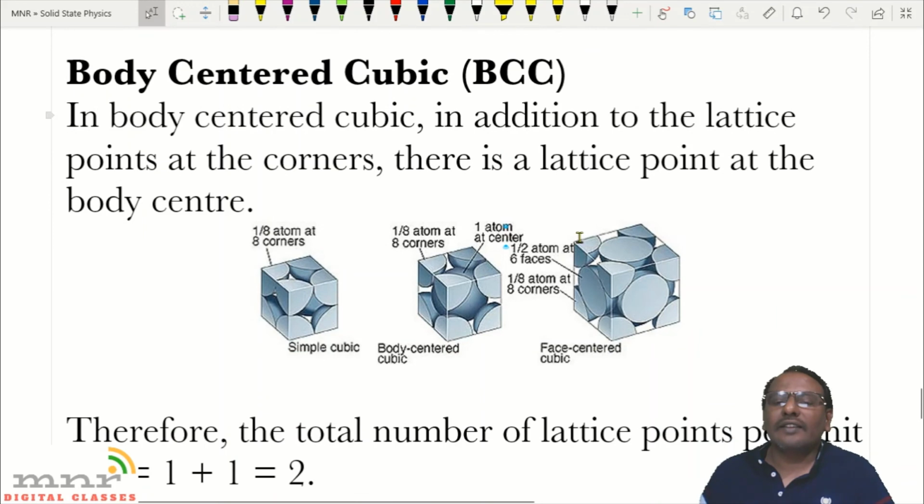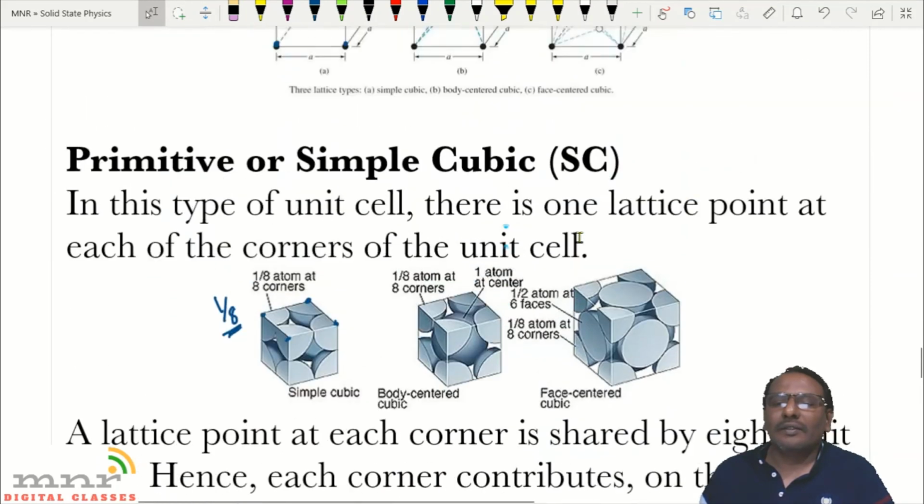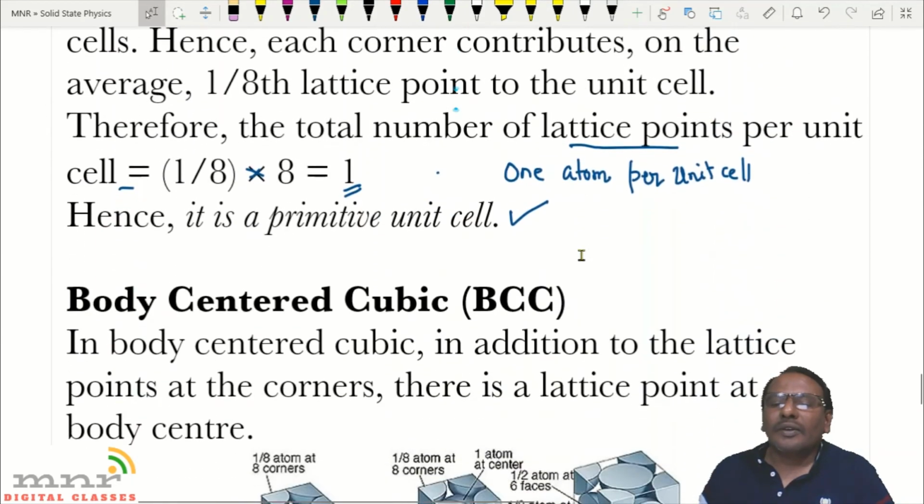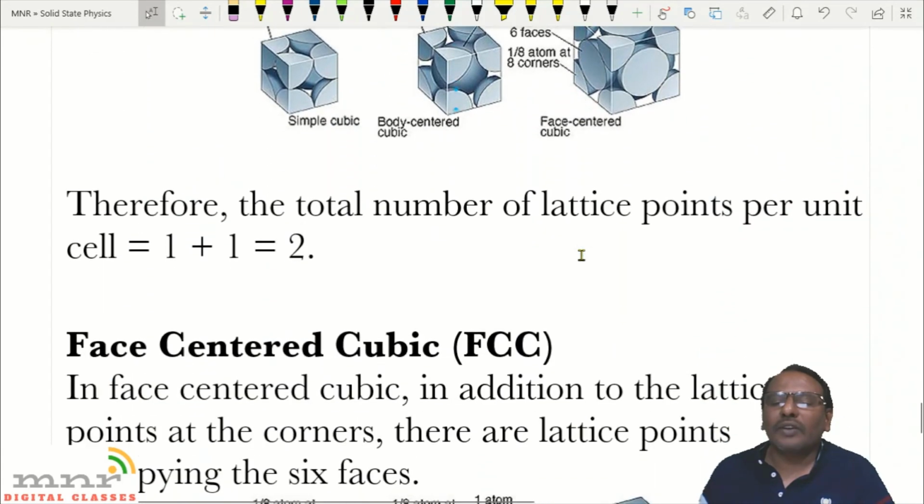Next, take the case of the body-centered cubic crystal. We know that it has 8 atoms, or lattice points, at the 8 corners of the cube. In addition to that, we have one lattice point, or atom, present at its center. Now let us calculate the equivalent number of atoms per unit cell.